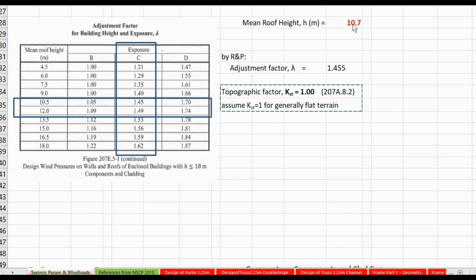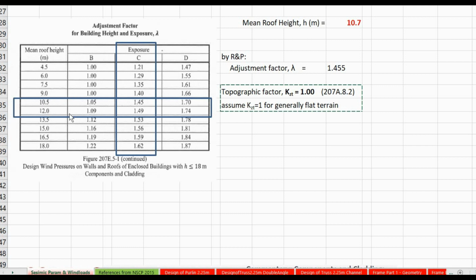And then kukumpitin po natin yung adjustment factor based from this figure 207E.5-1. You'll notice that our mean roof height 10.7 is between 10.5 and 12.